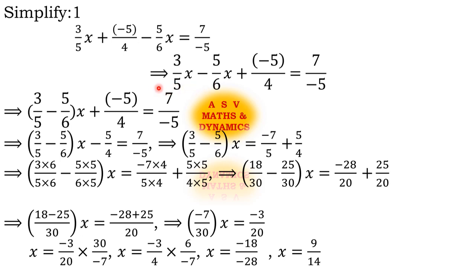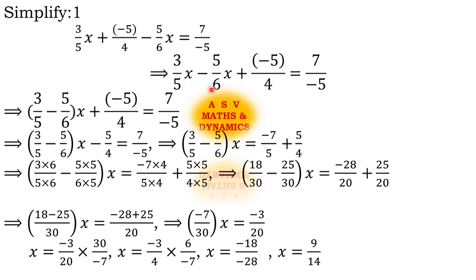Here the denominators are different, but because the variable is the same, we can take the variable outside, and you will also get the rational number. In the rational number the denominators are also different, so you want to make the denominator the same number. What is the procedure?